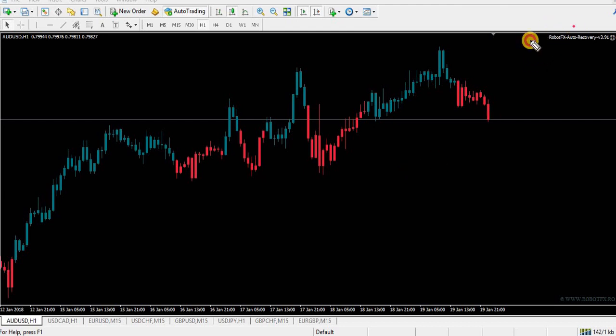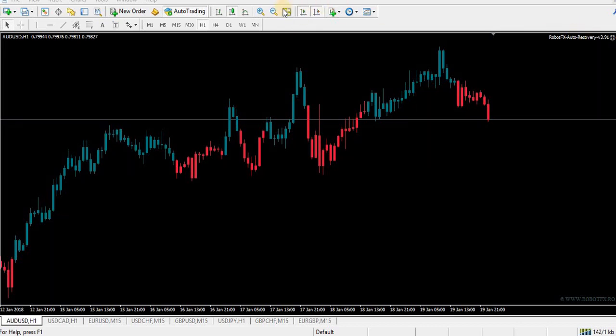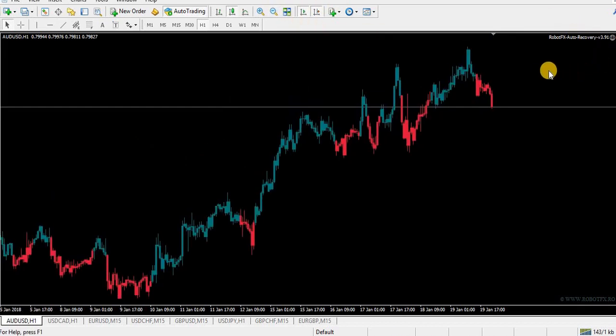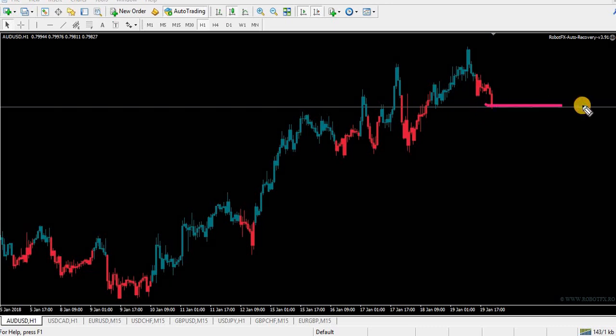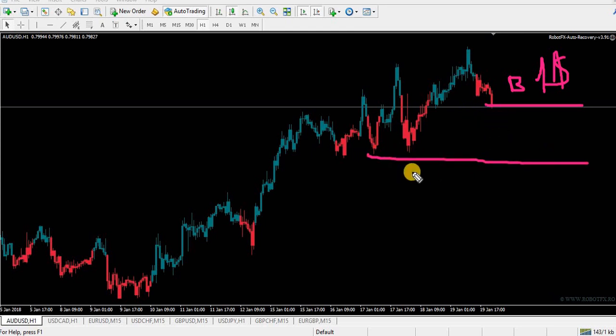And finally, what the RobotFX Auto Recovery does is hedging. Hedging is so simple that it might look complicated to some people. So if you are opening the same buy, and let's keep the lot size at $1 to simplify, instead of placing a stop loss where you normally would, the expert advisor will place a pending sell.